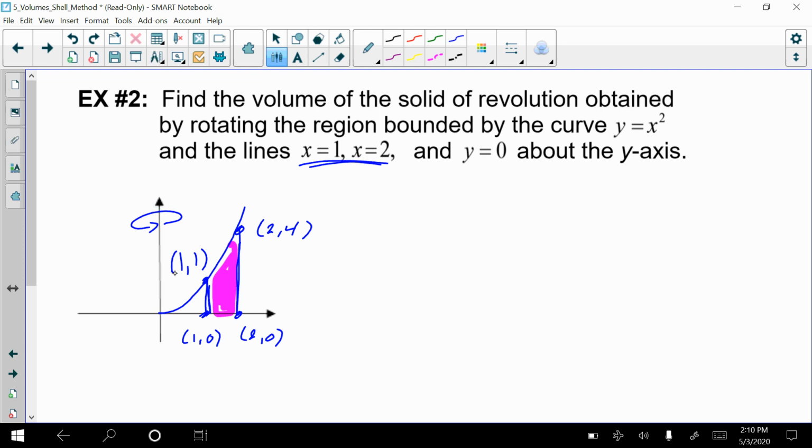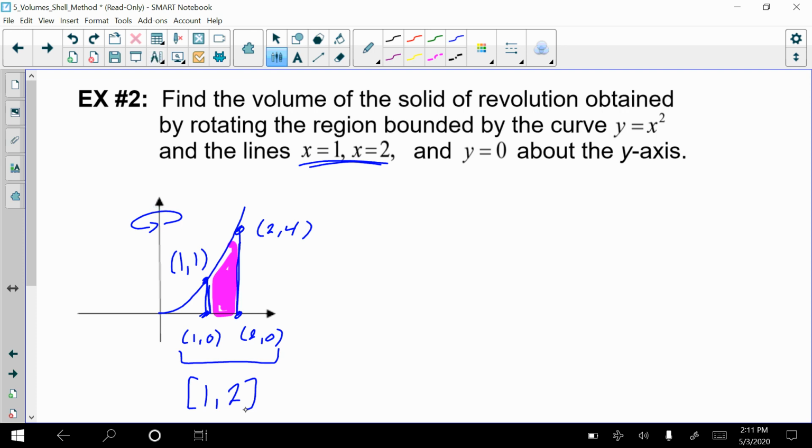So we would need to identify those points to be able to identify the region or the interval correctly, depending on which way it's being rotated. But in this case, because it's being rotated around the y-axis, the interval is going to be between the x values. So the interval is going to be from 1 to 2, and that's going to make up our defined interval.